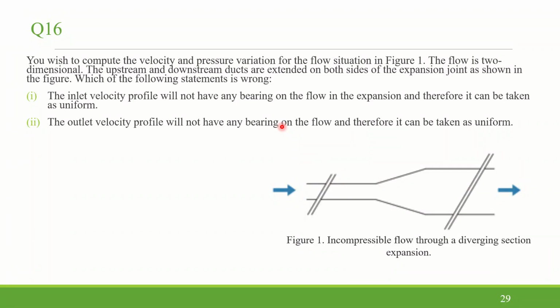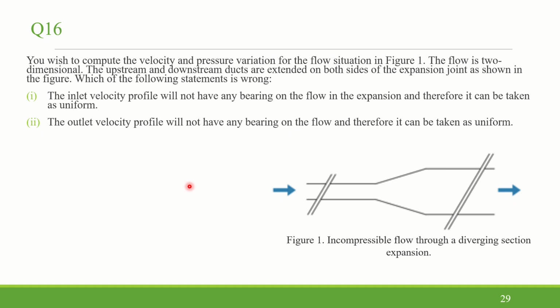First one, it is given that the inlet velocity profile will not have any bearing on the flow in the expansion, so it can be taken as uniform. Fluid is coming from here and it is expanding.